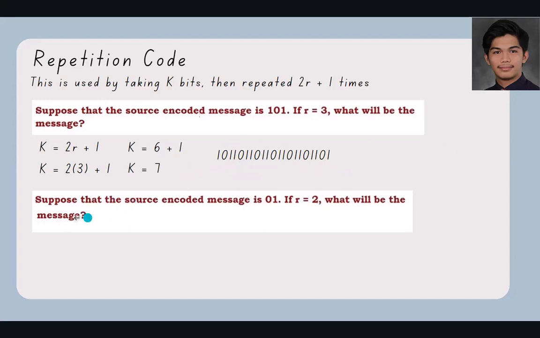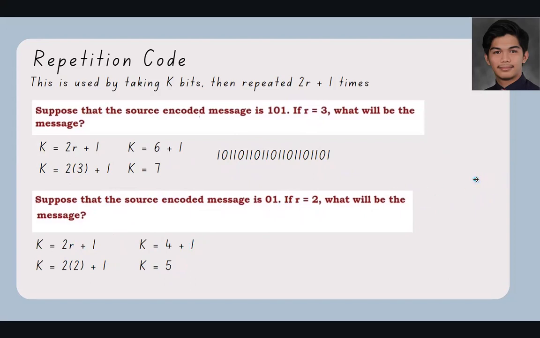In this case, suppose that the source encoded message is 01. If r is equal to 2, what will be the message? The same goes as for the first example, where we first find k along with its solution, where we insert r into this equation and we get k equals 5. Now we will use this 5 to repeat this message 5 times.